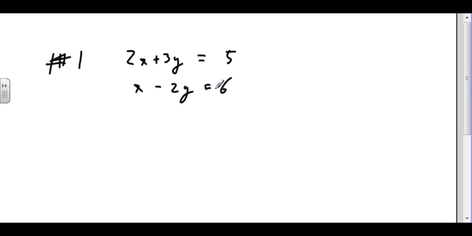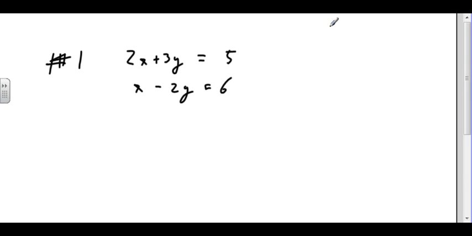So the first thing I'm going to do is take out my calculator, and I'm going to go second function, system of equations, 2 by 2s, and I'm going to put in an x value of 2, enter, a y value of 3, enter, a c value of 5, enter, and then a 1 for the x, and a minus 2 for the y, and then a 6 for the c, and then I'm going to tell it to solve.